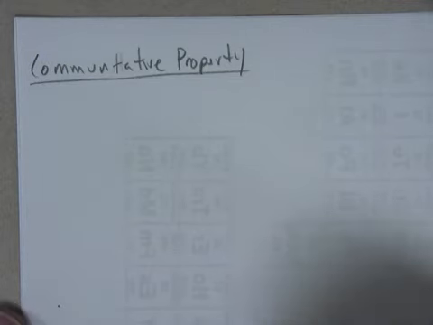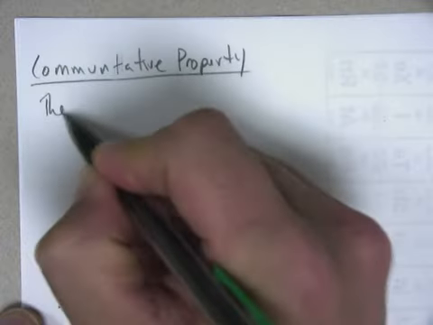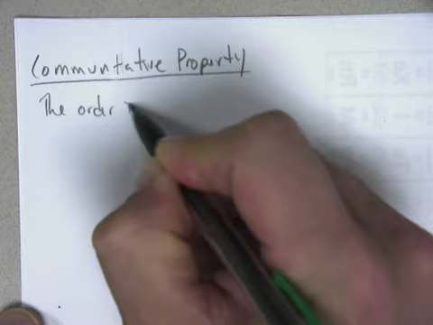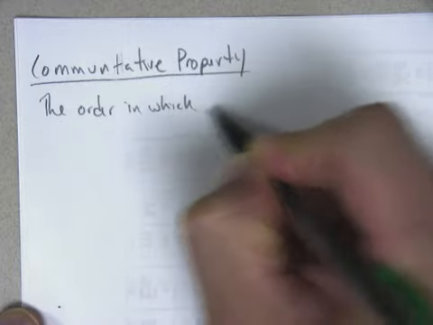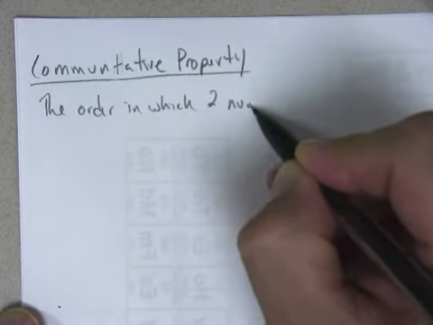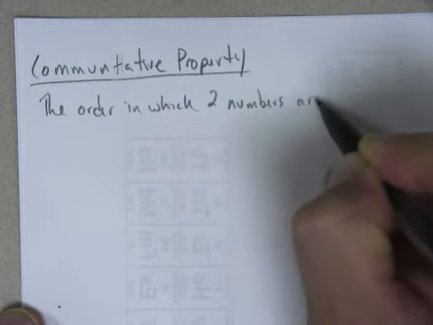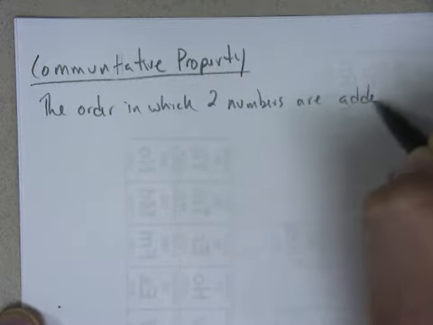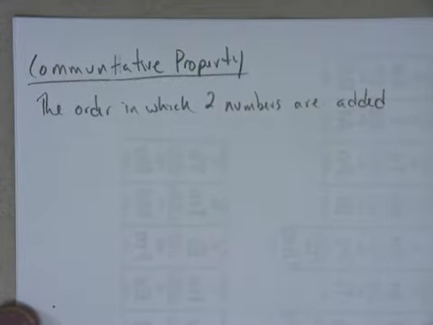So the definition goes like this: the order in which two numbers are added does not change the sum.